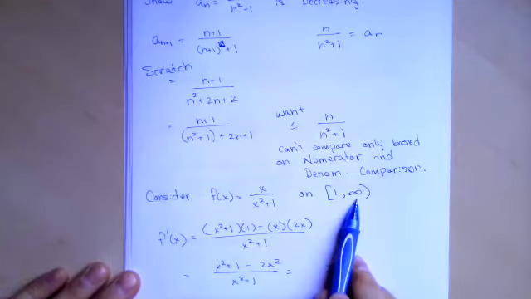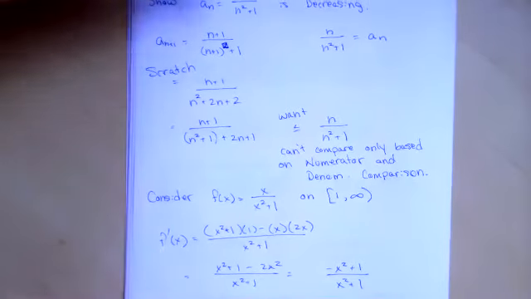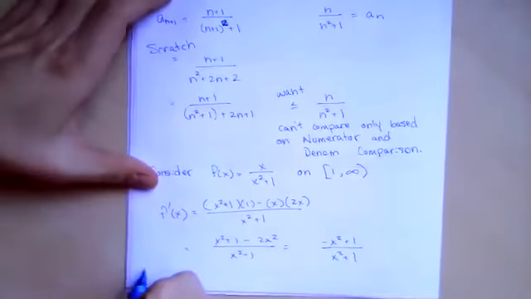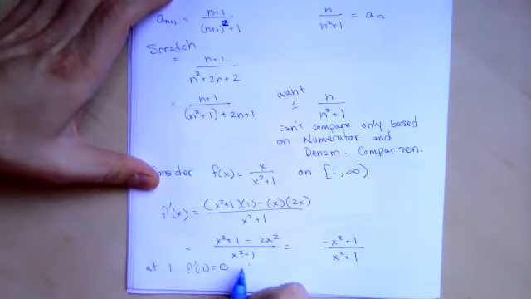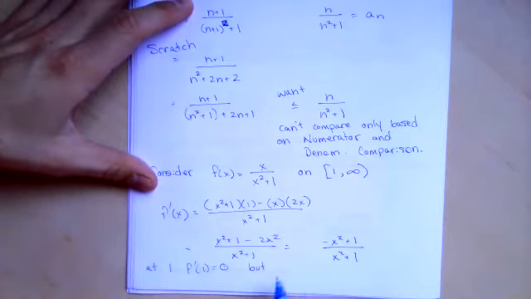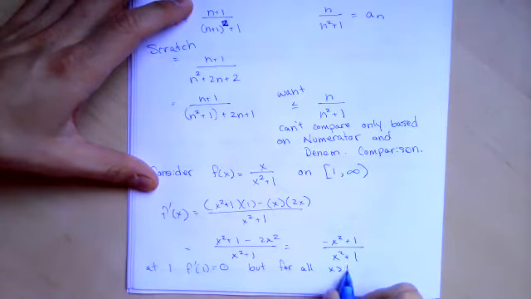And now on that domain, if I plug in 1, so of course at 1, f prime of 1 is 0, but for all x bigger than 1, f prime of x is less than 0.